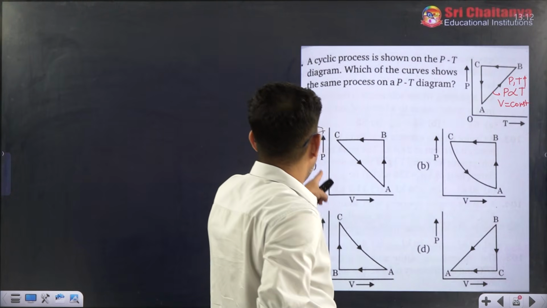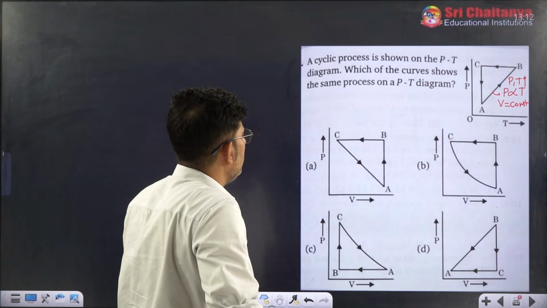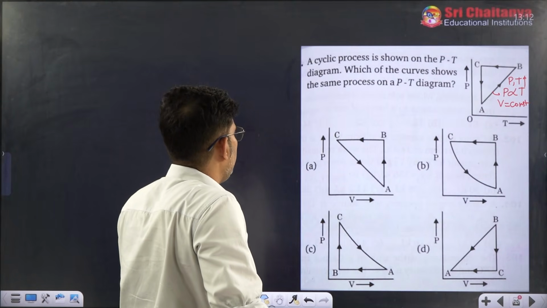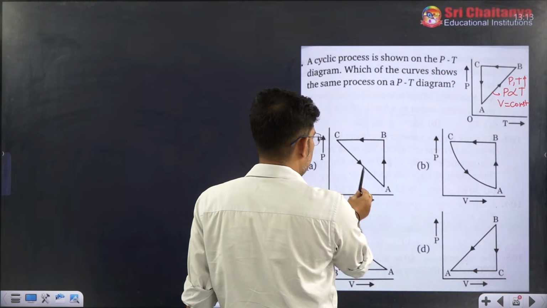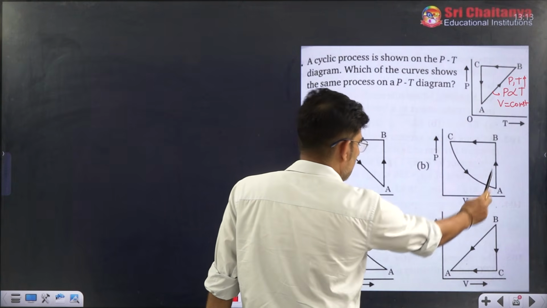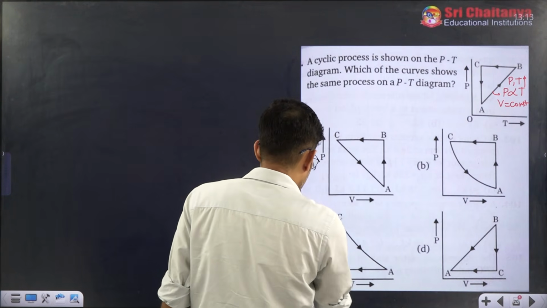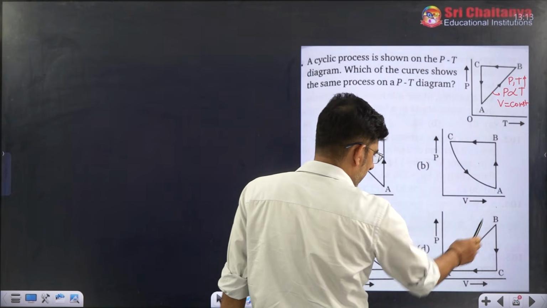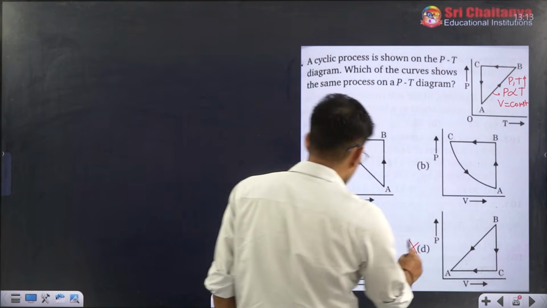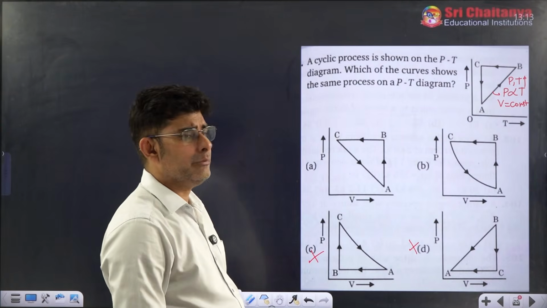So pressure is increasing and volume is constant in AB. Pressure increasing, volume constant. It is correct here. Here also it is correct. This is wrong because here volume in AB is changing. Here also it is wrong. So any one out of A and B should be correct.